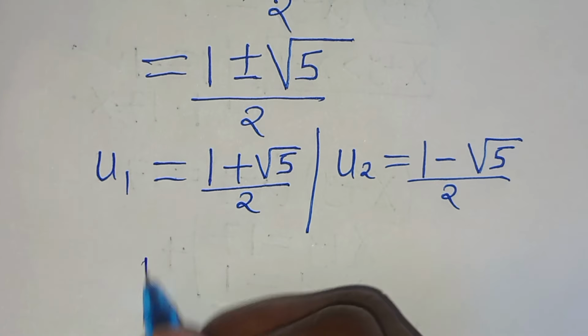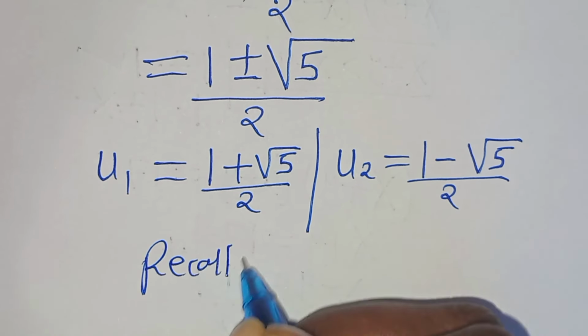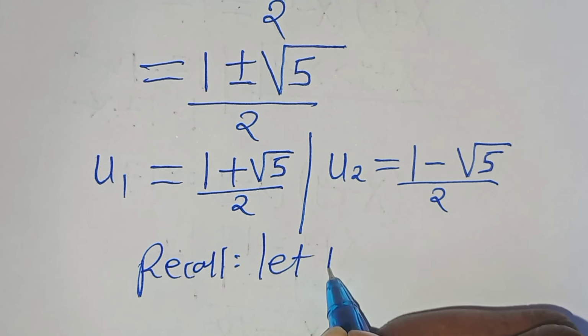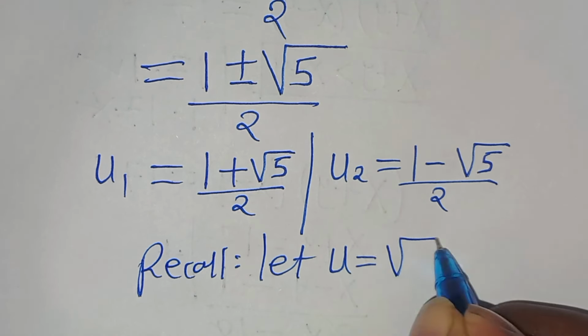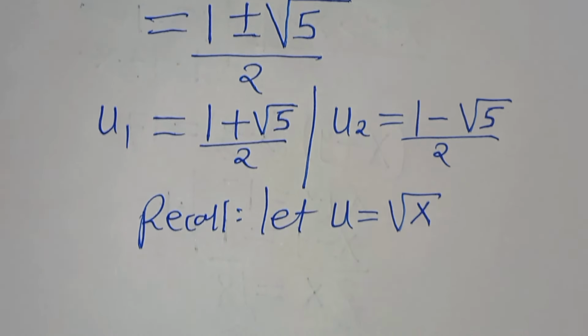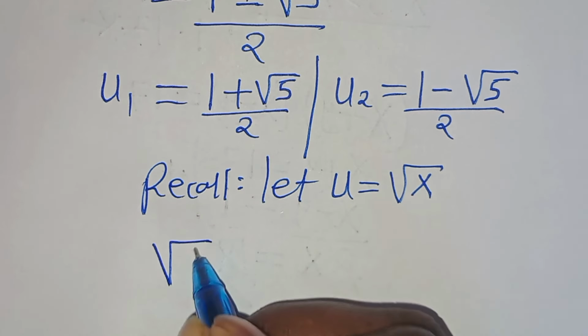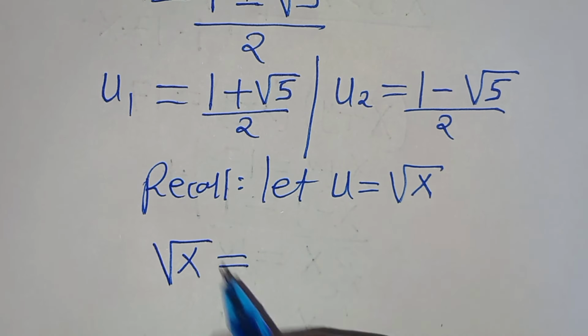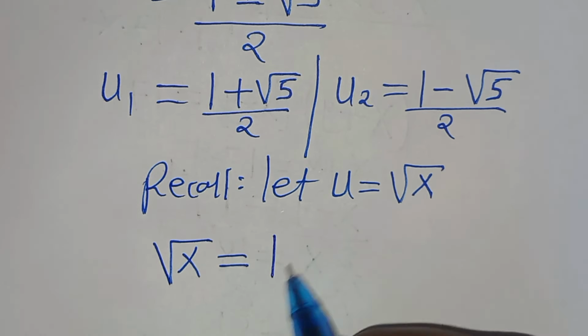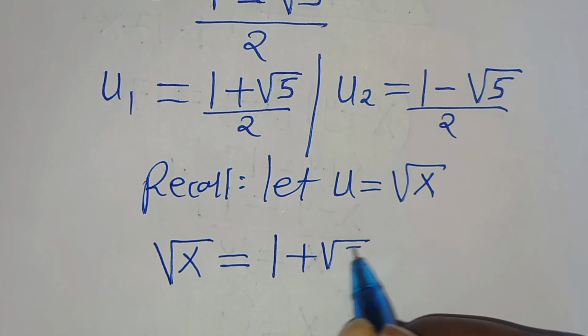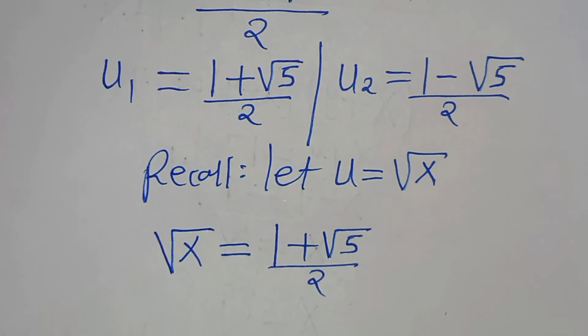So if you recall again, we assumed that u is equal to square root of x. So let's substitute with square root of x here. We have square root of x equal to u1, which is actually 1 plus square root of 5 divided by 2.